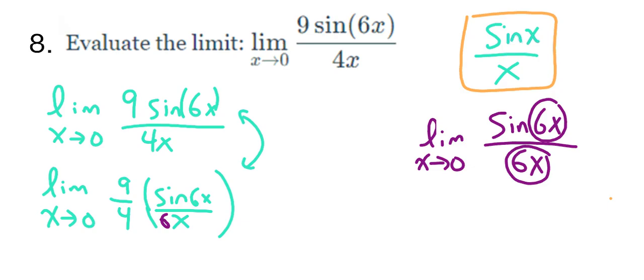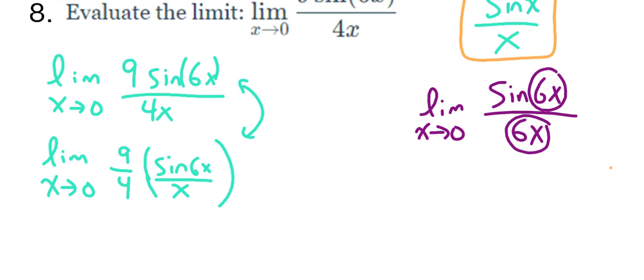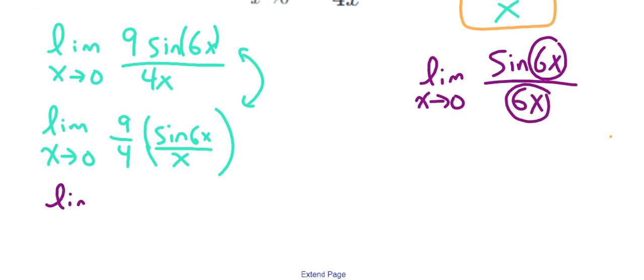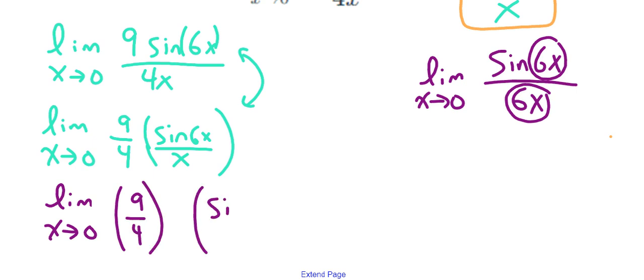We are not. But I'm going to go ahead and rewrite this. Let me undo that little 6 part because we'll undo it in little pieces. Okay, let's come back and rewrite so that it makes sense what we're doing. We've got the 9/4. We're going to keep that separate. We've got the sine 6x over x. We know we want a 6.